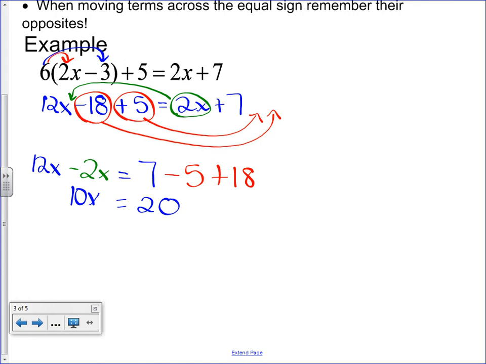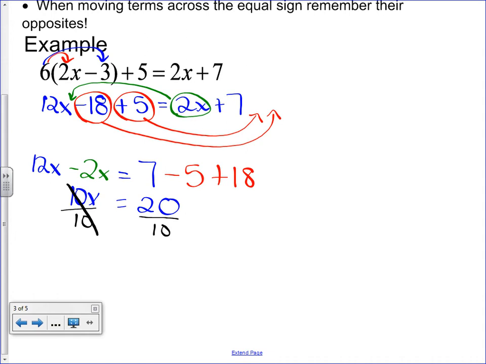How do I get x by itself, Nick? Yes. What am I going to divide by? And what I do to one side, I have to do to the other. Okay. Ben, what happens to these 10s here? Good. So what am I left with? So I just write?